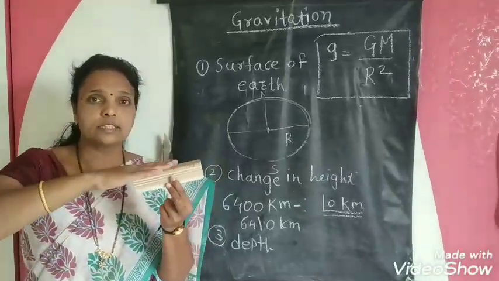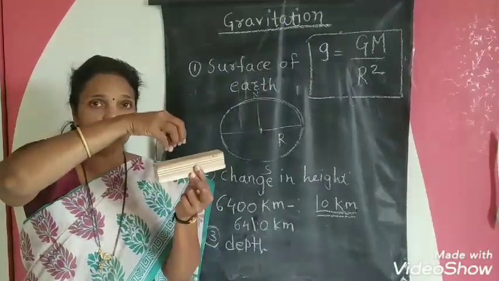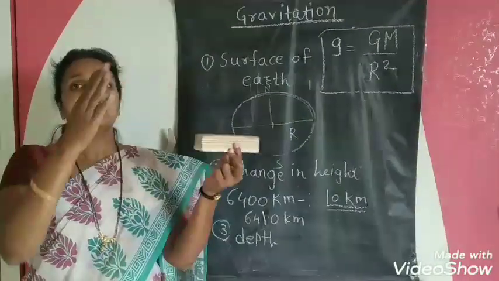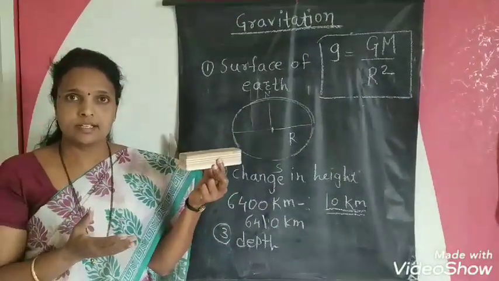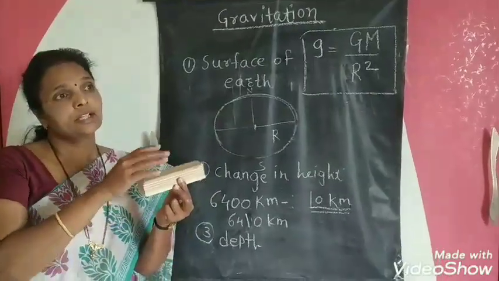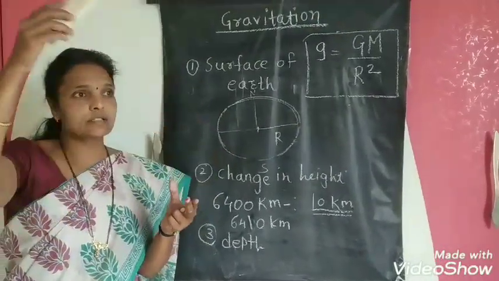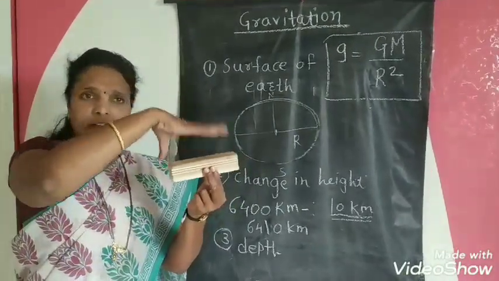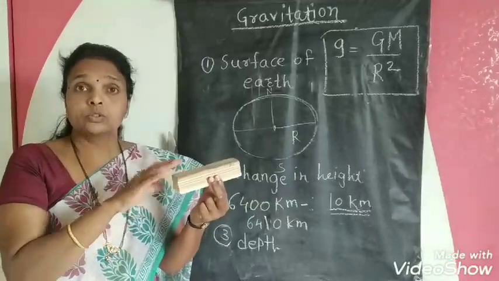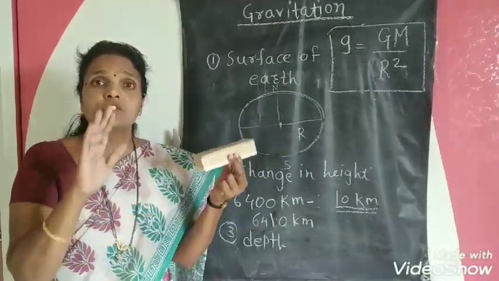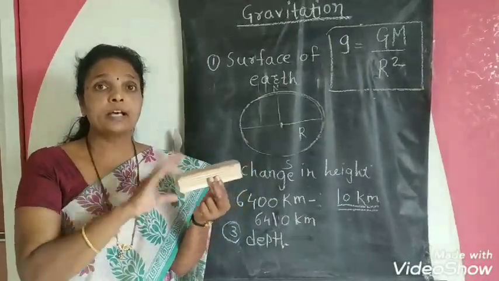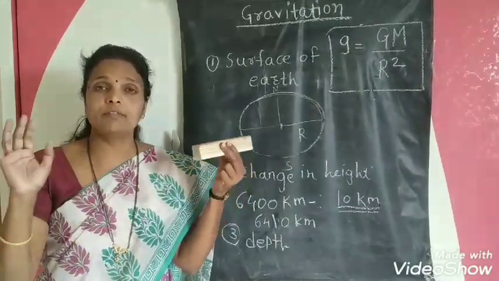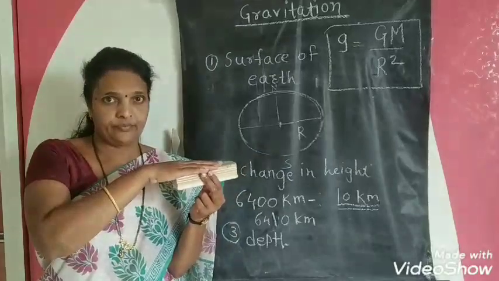Whatever matter is present inside the duster is called mass. Suppose I take this duster to any other place, the matter will again be the same. So the mass cannot change. Mass of the duster or any object cannot change. Everywhere it is the same.